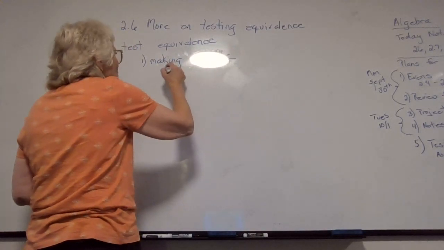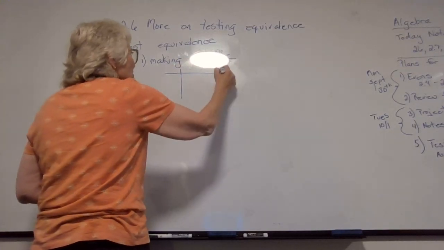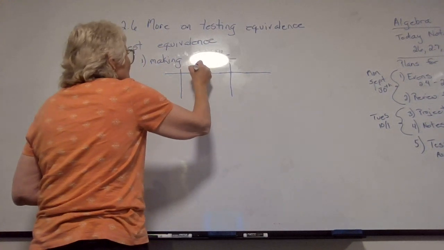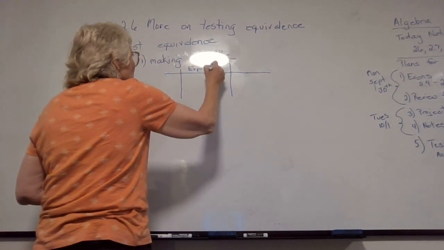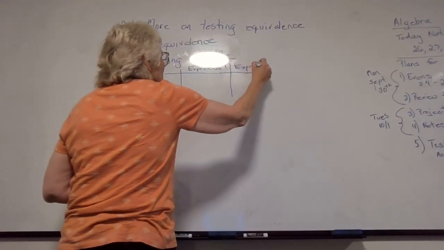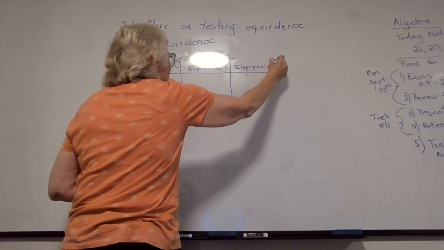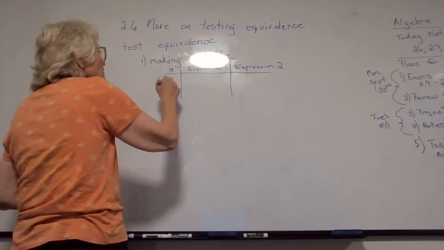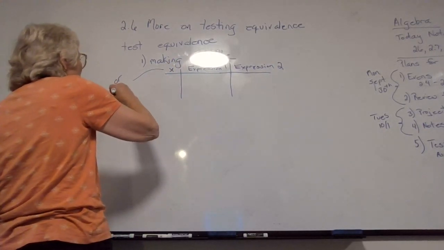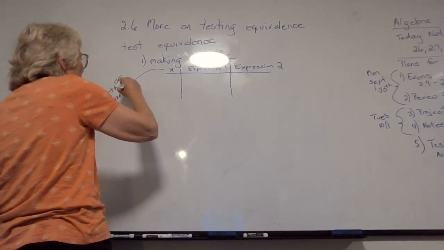You put in values for x. Here you would have expression 1, here you would have expression 2, and you put some values in for x or the variable. It could be a different letter than x.